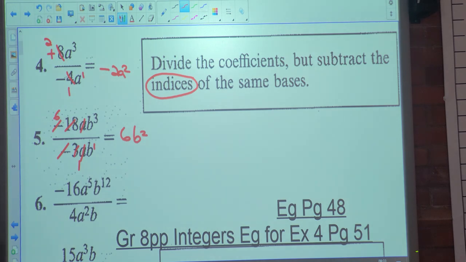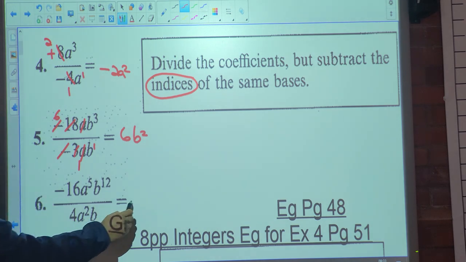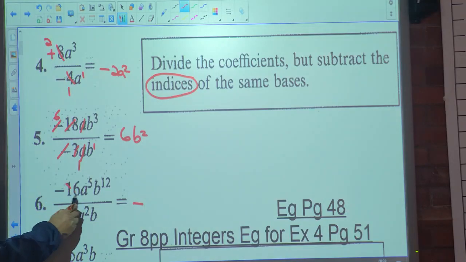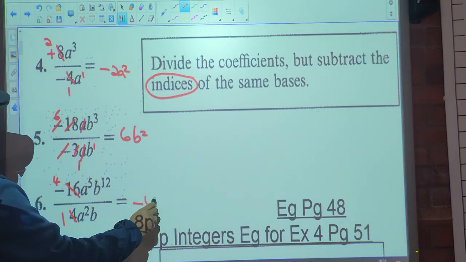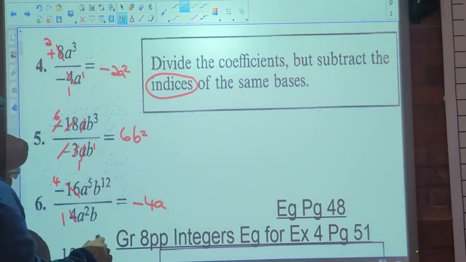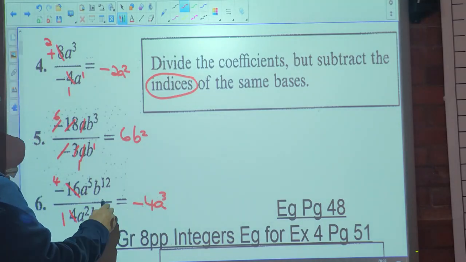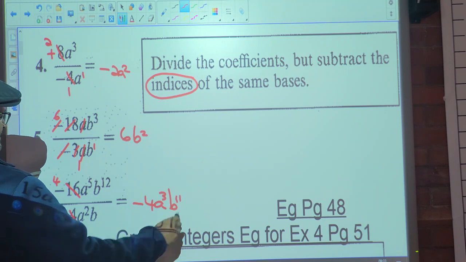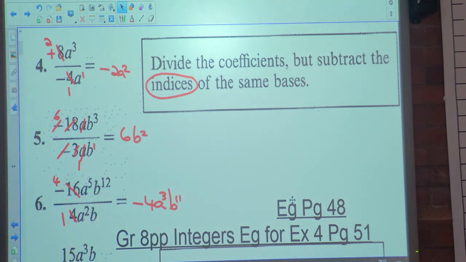Next one. What's negative divided by positive? Negative. 4 goes into 4 once, 4 going into 16? 4 times. So when you're dividing, the bases are the same, we subtract the exponents. Not so? Yes, sir. So what I'm going to have? A to the power of 3. B to the exponent. Any confusion there? No?